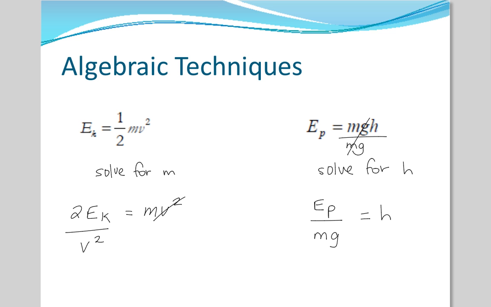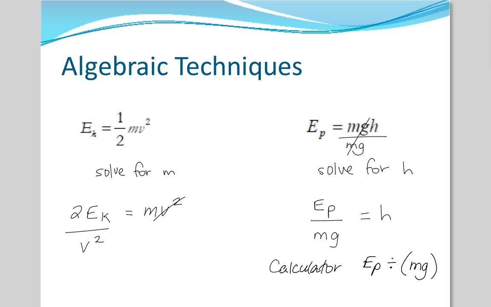So for this one in the calculator, you would have E_P, whatever that value is, and then when you hit divide, you make sure that it's going to be dividing by the product of mg. Because if you just go divide m and then type in g right next to it, the calculator will most likely times that g and you'll screw up.